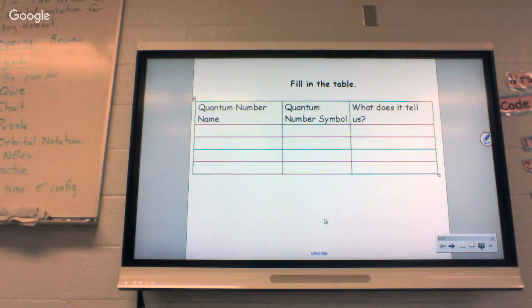The orbital quantum number is the sublevel. Alright, the magnetic quantum number can be stated in one of two ways. You could have said number of orbitals, or orientation in space. Alright, and the last one, spin of the electron. What did you say?